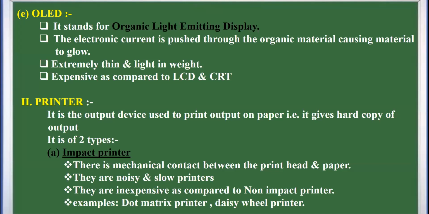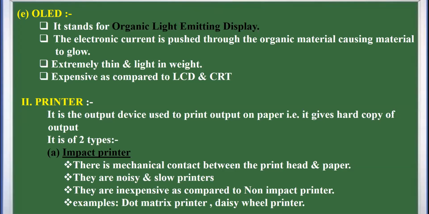Now printers are of two types: impact printers and non-impact printers. What are impact printers? The main feature of impact printers is that there is a contact between the head and the paper. When the head gets in contact with the paper, a noise is produced.